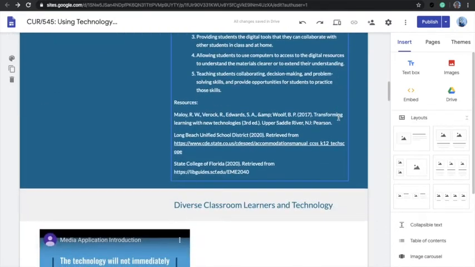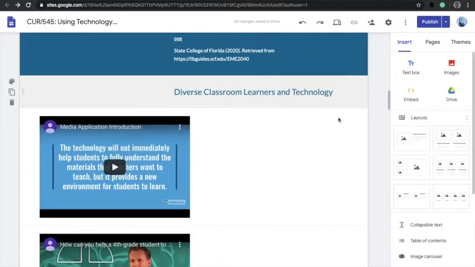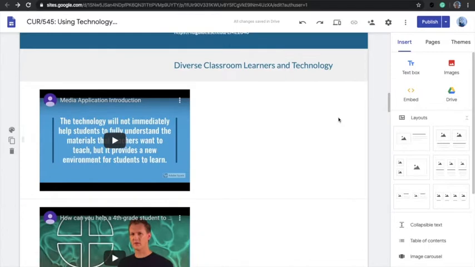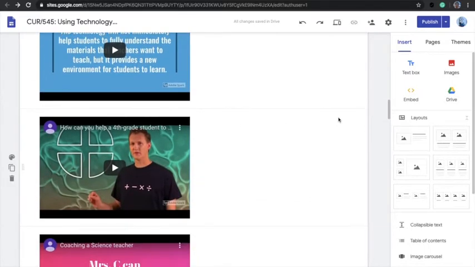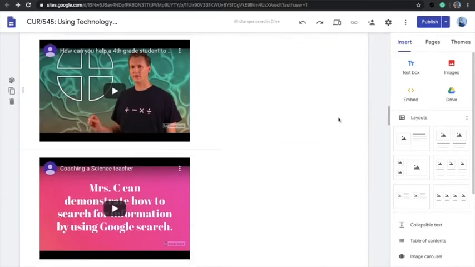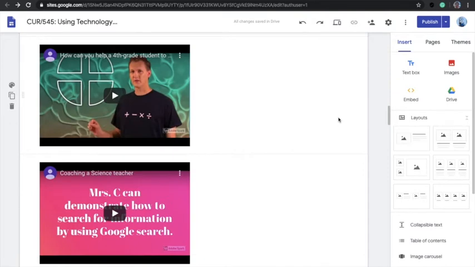So the next topic is about the diverse classroom and learner technology. In this topic, we have to look into three different scenarios. The one that I feel is most challenging is helping the fourth grade student with mathematics, with fractions.